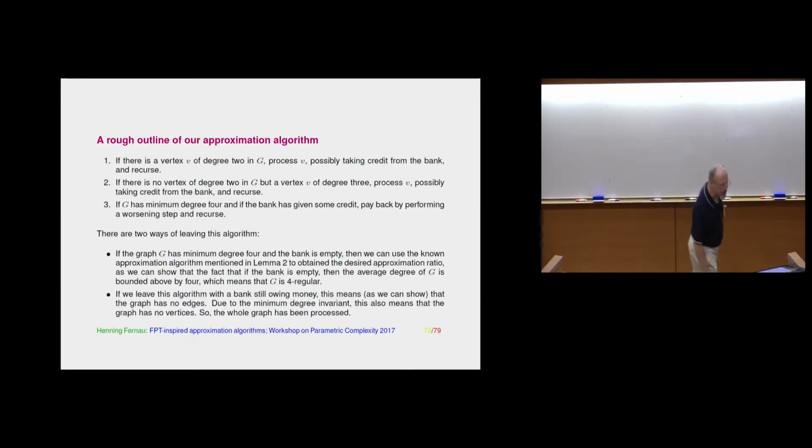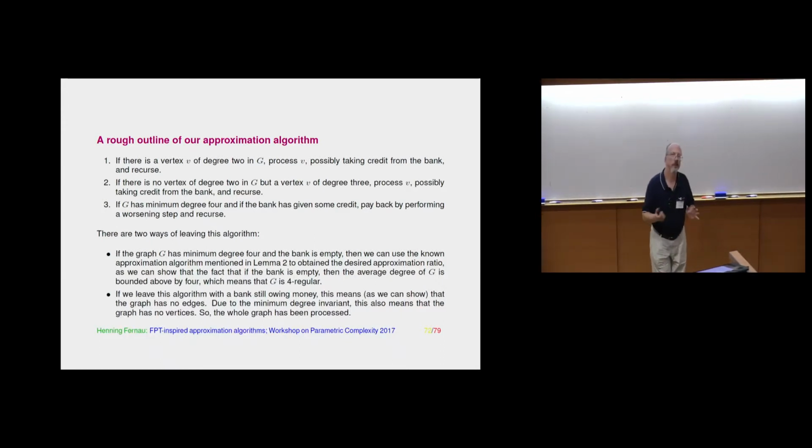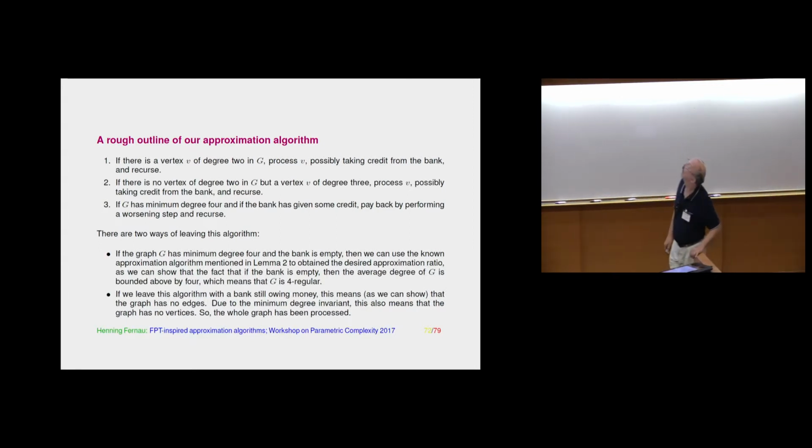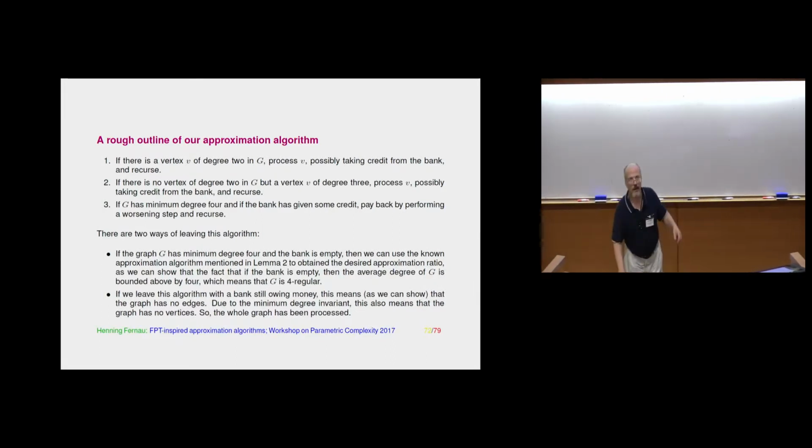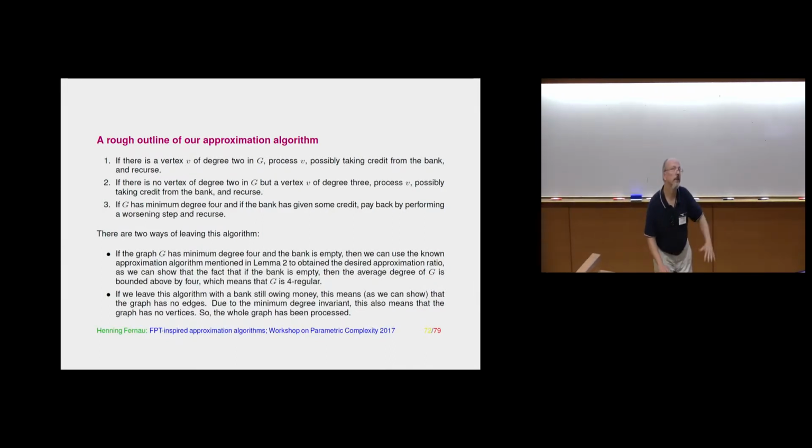Okay, so we're doing this processing from low degree to high degree vertices, as I said, taking credit from the bank if necessary. These high degree rules are then basically only trying to do the worsening steps, right? But recall, we don't have a sharp maximum upper bound, but this average degree bound.